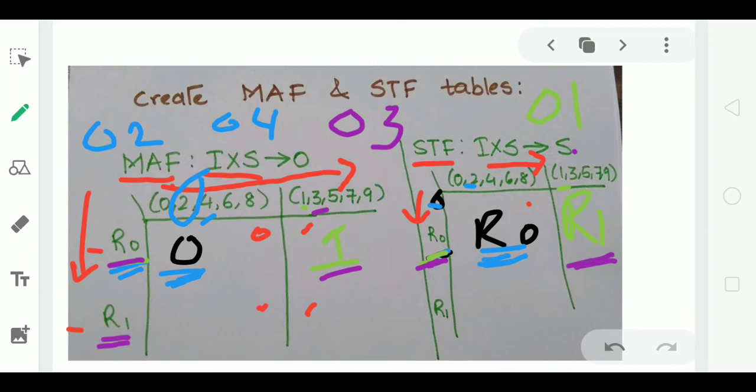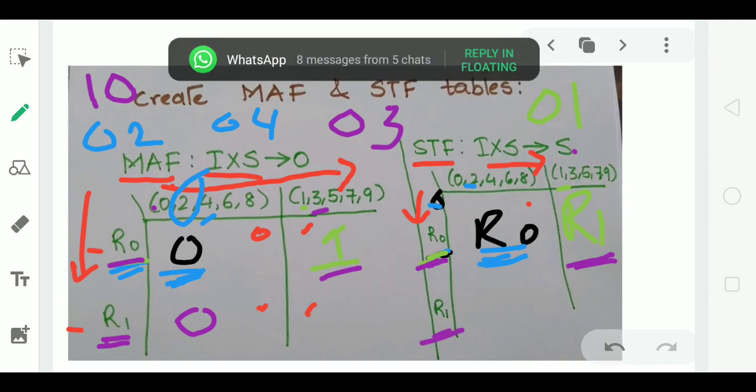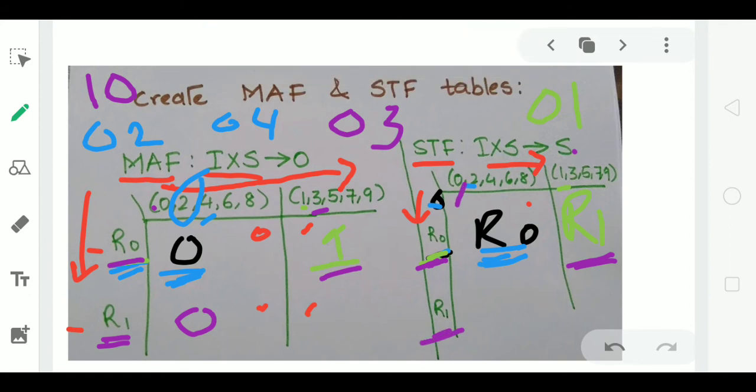Similarly for R1 with the next bit as 0. R1 represents previous output 1, with the next value as 0 will make number 10. So R1 with 0, number 10 is divisible by 2, yes, with the output 0. Now in the state function, R1 with the value 0 is divisible by 2, leading to the R0 state.